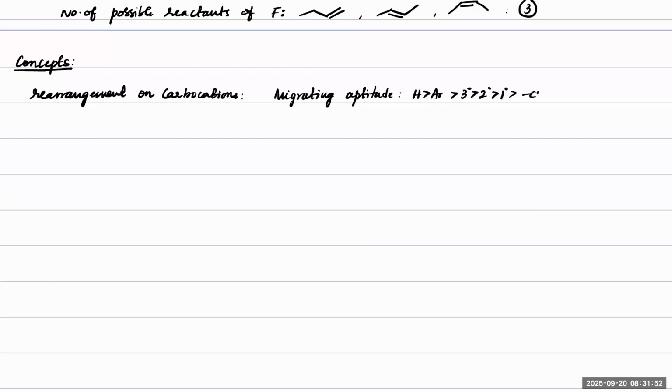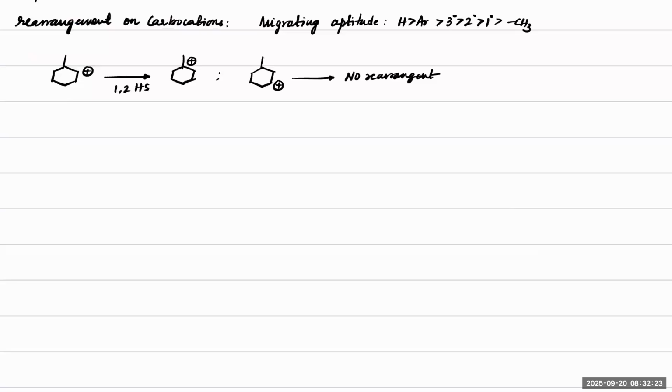This is the migrating aptitude typically. For example, if you have a positive charge here, what do you migrate with? You will make a 1,2 H shift, so that the carbocation migrates here. Clear? And what if the positive charge is here? In this case, no rearrangement, because if you have to rearrange, you have to make a 2 degree to 2 degree shift only.